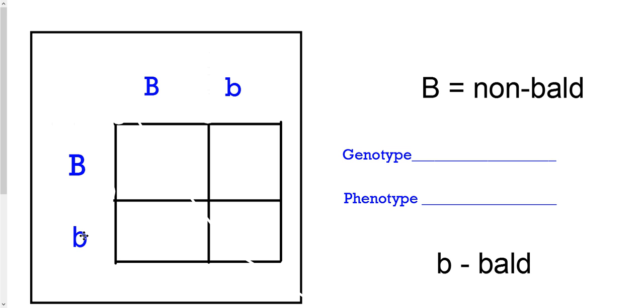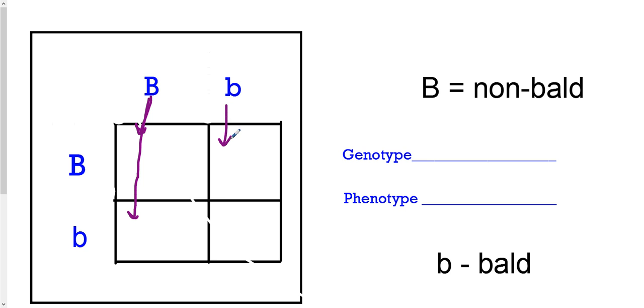So what's going to happen? What's the probability of that offspring having male pattern baldness or not being bald at all and having no possibility of being bald? Now, this is where we take our letters and we bring them down. So this letter B comes into this box, and it also comes into this box.